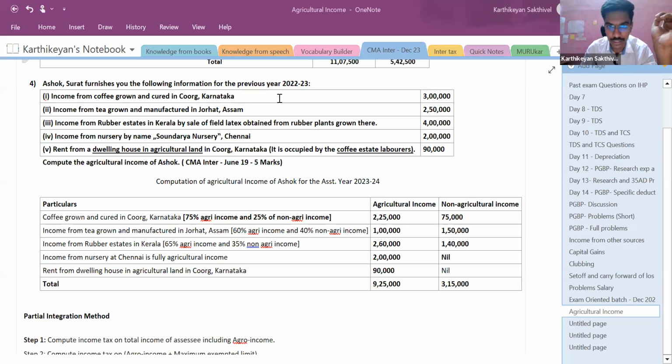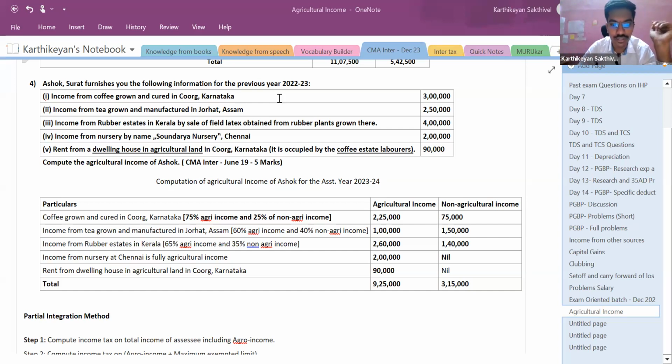More than 10, it is 30%. Correct? Now suppose I have 10 lakhs of agricultural income and 3 lakhs of other than agricultural income. What should be my tax rate? The 10 lakhs is exempt, so take it out and consider 3 lakhs. Of the 3 lakhs, 2.5 lakhs is exempt, so only the remaining 50,000 is taxed at 5%. Let us leave out the rebate for the time being. Correct? But what they are suggesting is that this is exempt, but not for the purpose of computing the tax slab.